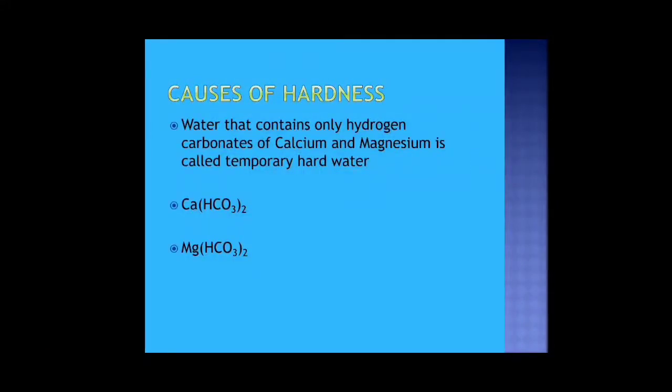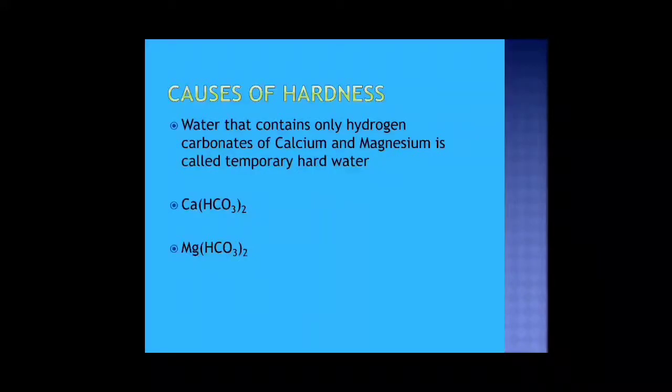So what are the causes of water hardness? That is when water contains hydrogen carbonate of calcium and magnesium, that is bicarbonate of calcium and magnesium, then it is called temporary hard water. So when water is flowing over a stone, that stone would have been maybe a calcium carbonate.